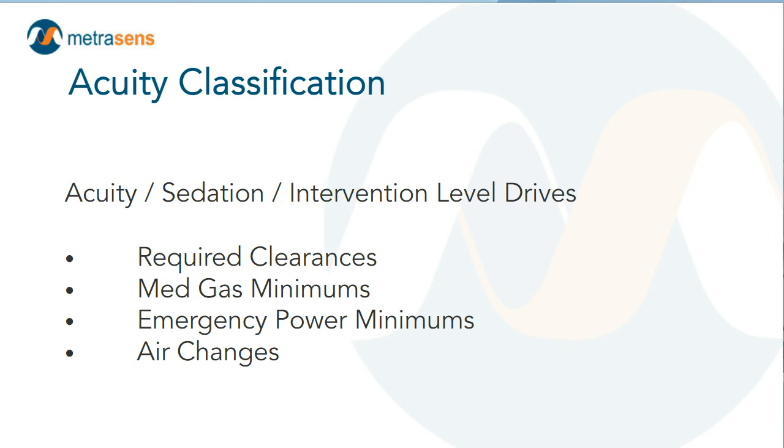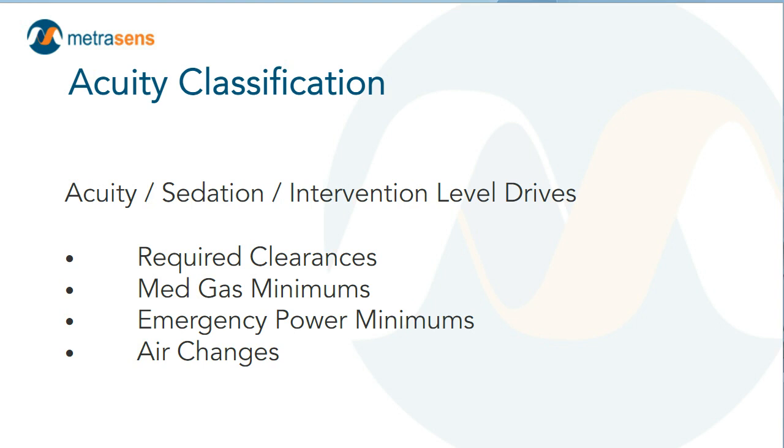If we go from an exam room to a procedure room, we're probably going to have a larger room because we're going to need more stuff and we're going to be doing more to the patient. We may change the medical gas requirements. We may change the emergency power requirements. We may change the HVAC demands, including filtration and air changes per hour.